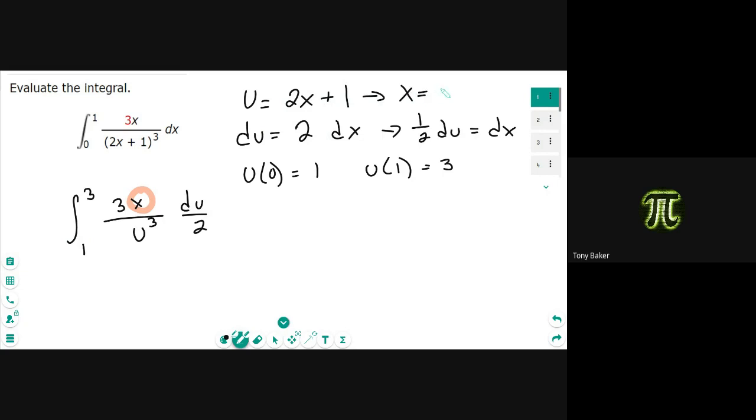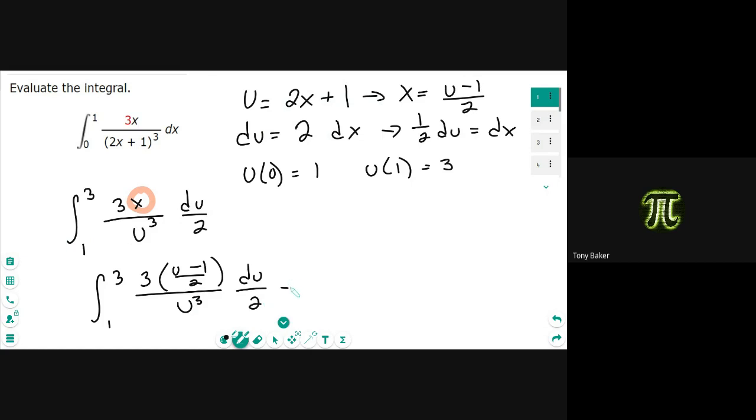So in this case, x equals u minus 1 divided by 2. So now I can change this to 3 times u minus 1 over 2, over u to the 3rd, and then du over 2.